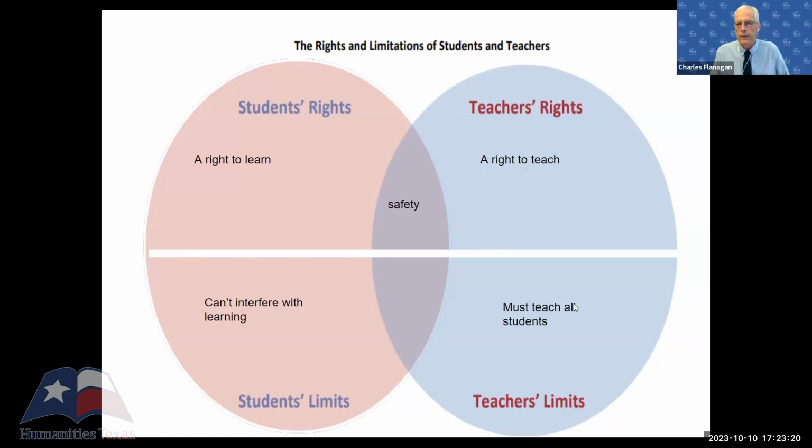But getting kids to be conscious of this is a way to get them to define what are rights within a civil society and how rights and limits are balanced.